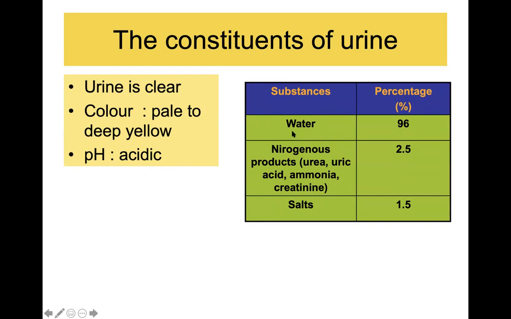Most of the substance present in the urine is water, obviously, because it is called urine water, it won't be air coming out. And then the waste products, for example urea, uric acid, and so on. And the last one is salt. Depending on the concentration of salt, if it is too much, then it will be excreted through the urine.